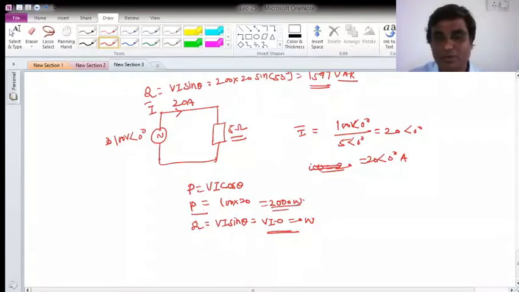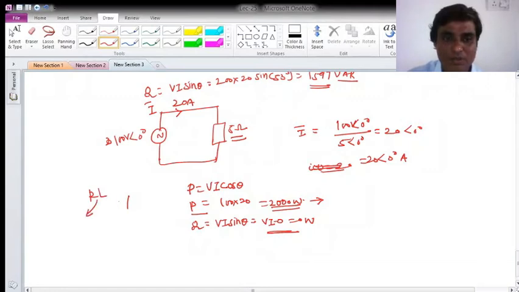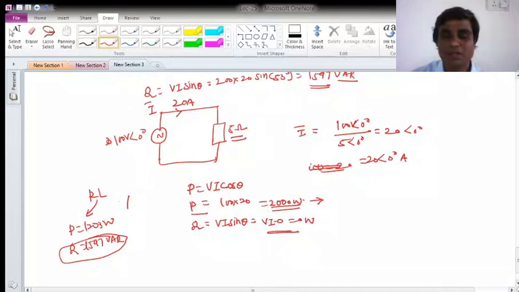And how much active power has been consumed by this particular consumer? 2000 watt. Whereas if I had the RL load, how much active power was consumed? 1203 watt only. And the reactive power was 1597, but I cannot charge on it. So for the supply authority, which consumer is good? This consumer is good.